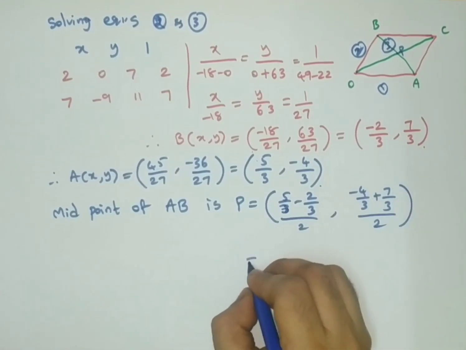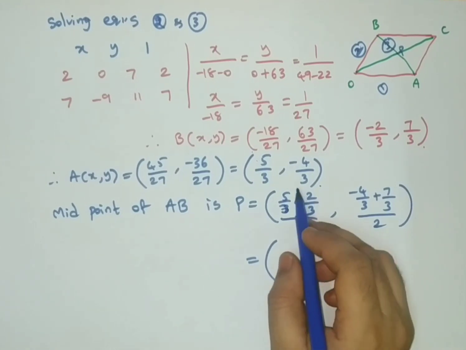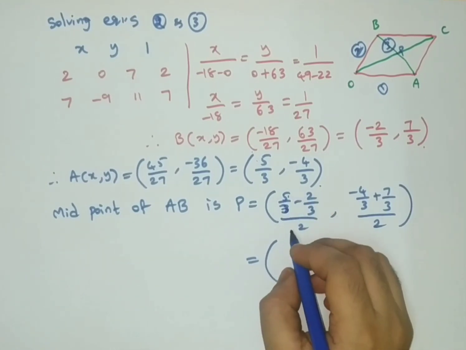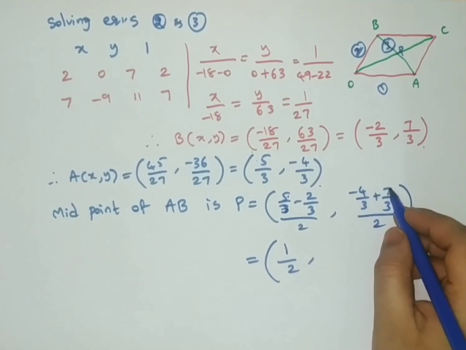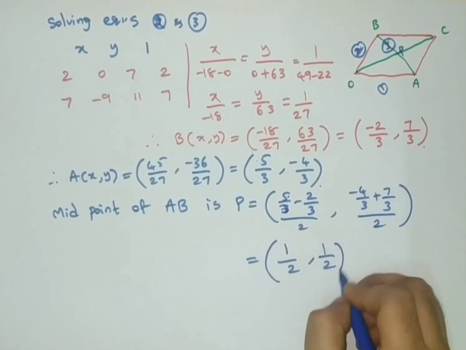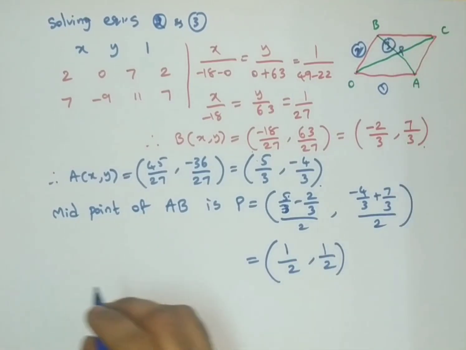By solving this, what we will get? 3 is the LCM. 5 by 3 minus 2 by 3 is 3 by 3, means 1 by 2. Minus 4 plus 7 is 3, 3 by 3, 1 by 2. So finally what we got? 1 by 2 comma 1 by 2 is P.